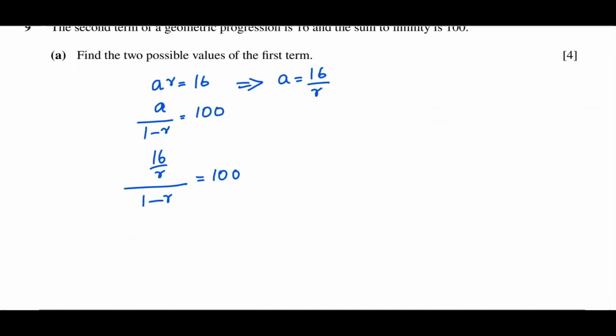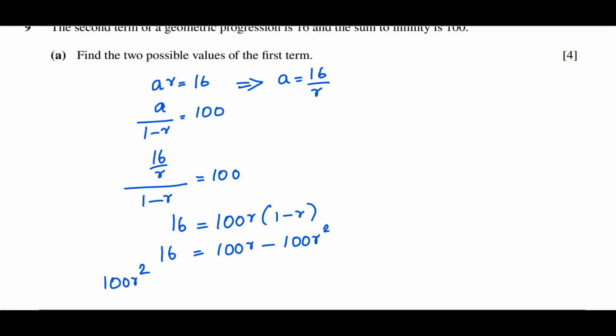Or this can be written as 16 equal to 100 R multiplied by 1 minus R. 16 equal to 100 R minus 100 R square. So 100 R square minus 100 R plus 16 equal to 0.